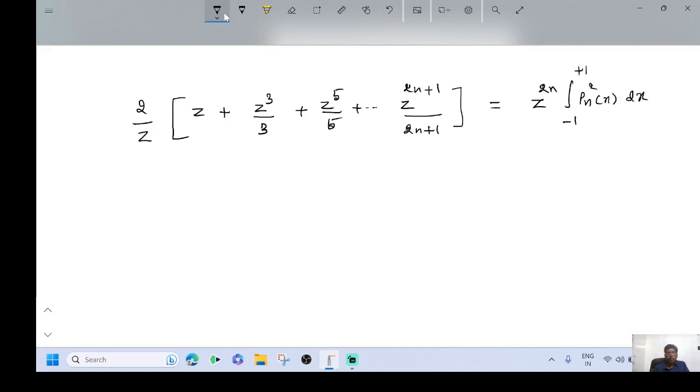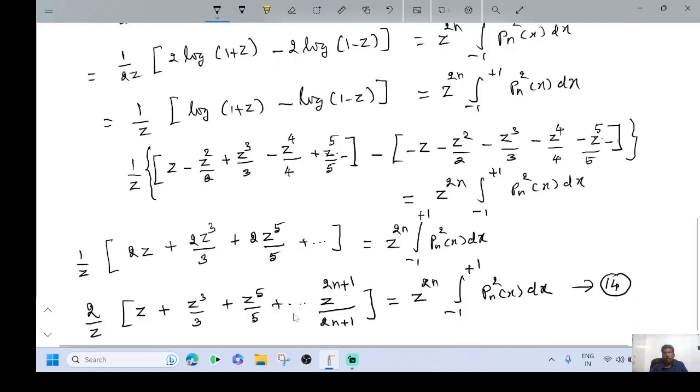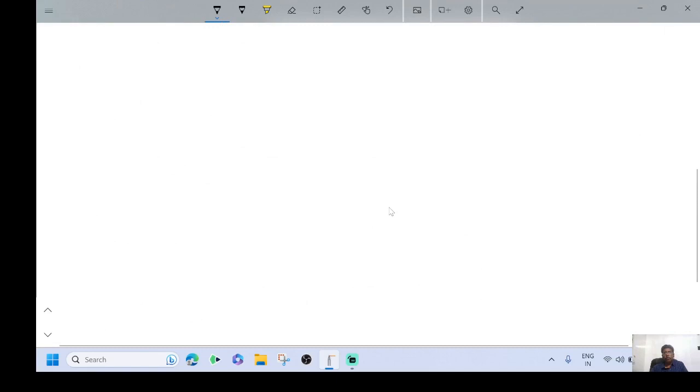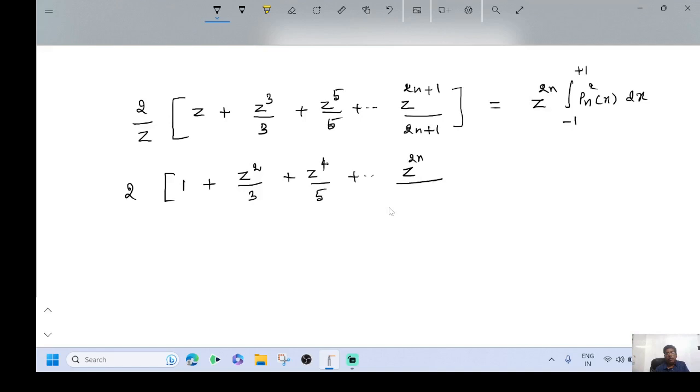This is equation number 14. Now this is modified as 2 into 1 plus z square by 3 plus z power 4 by 5 plus up to z power 2n divided by 2n plus 1.